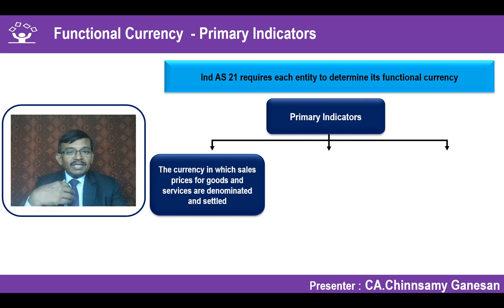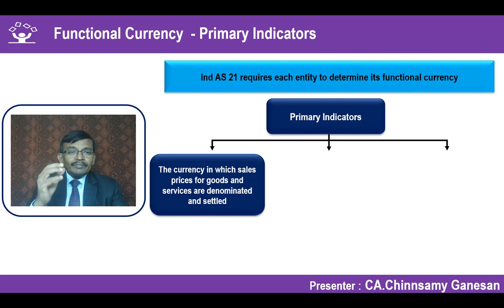I will be receiving equivalent to INR, then my functional currency as per the primary indicator is actually INR. Even though I get a US dollar, but the settlement is what is the equivalent INR is what is being done.